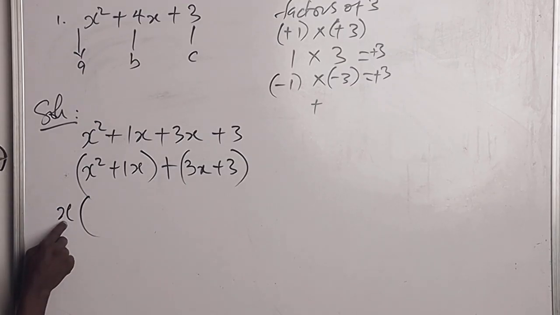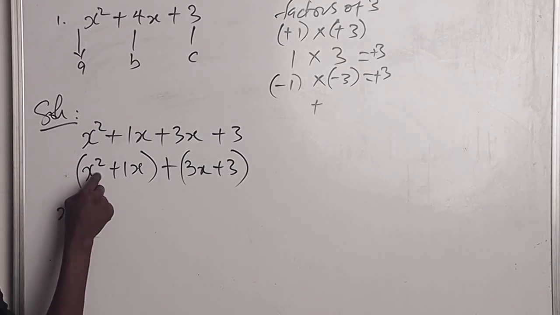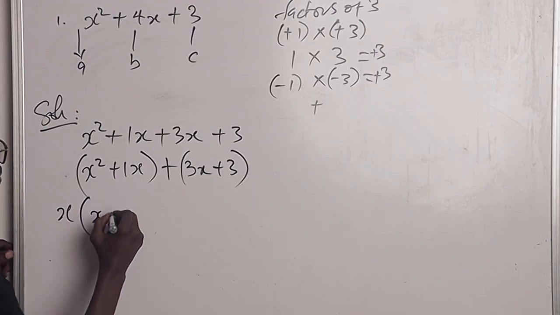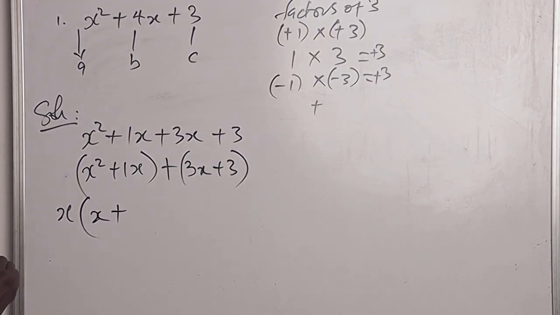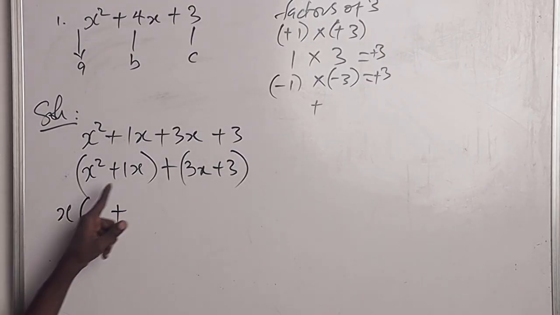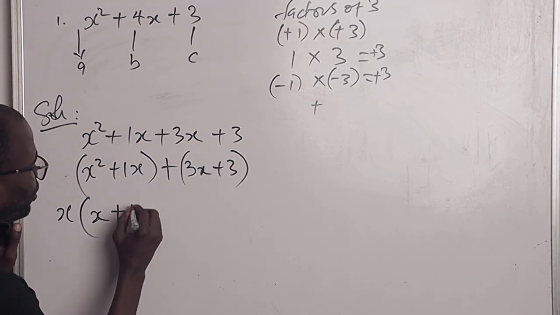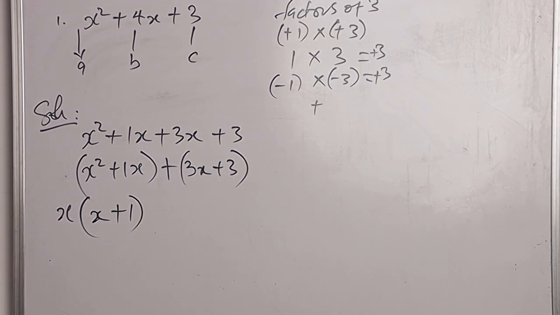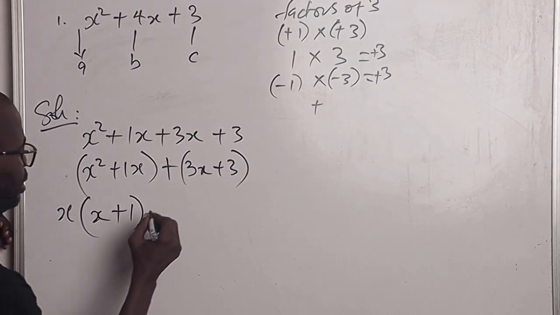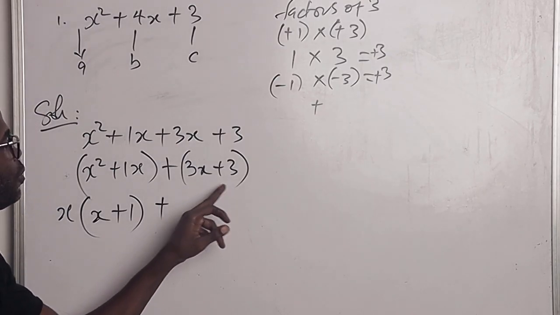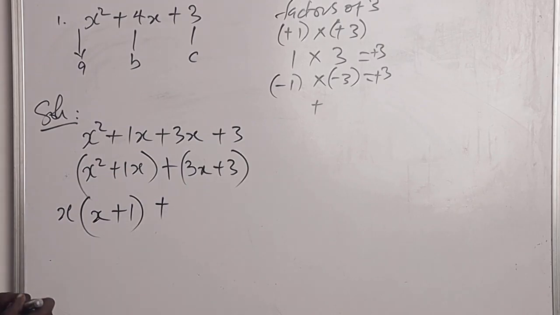So if I have taken 1x out of x squared, how many x will be remaining? It's remaining 1x. Plus, now I have 1x. If I have taken 1x out of this, what will be remaining? 1. That's brackets. What sign is here? This is plus.